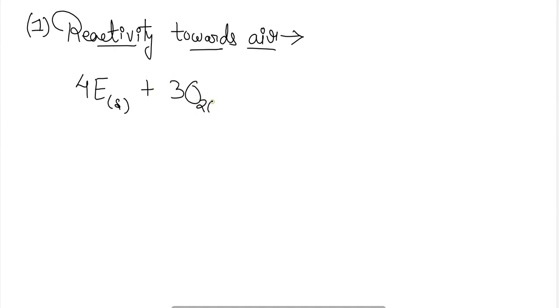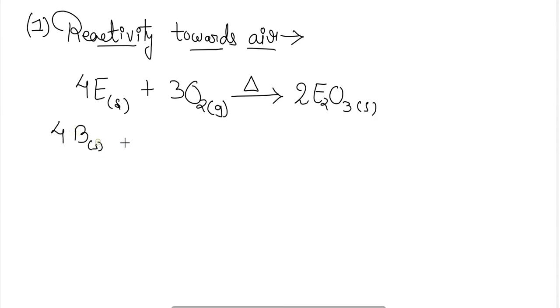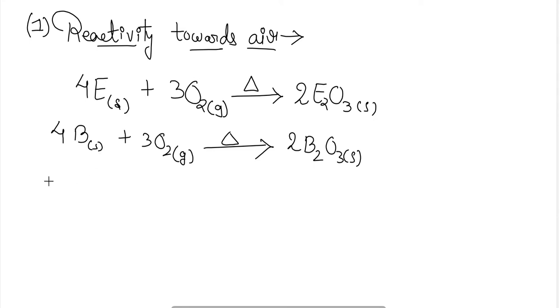The general reaction is 4E, when it reacts with the oxygen present in the air, it will form the oxide, 2E2O3, on heating. For example, if I use 4 boron, boron will get oxidized when reacting with air to form boron trioxide.